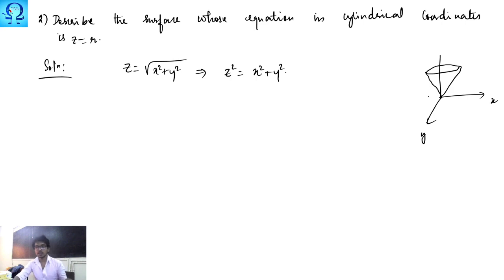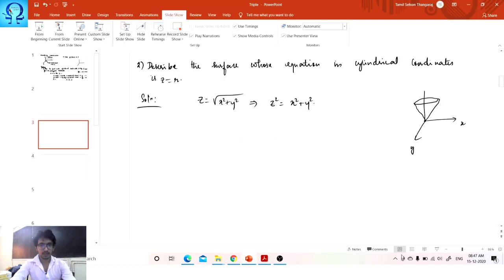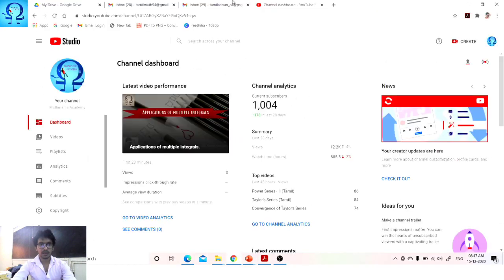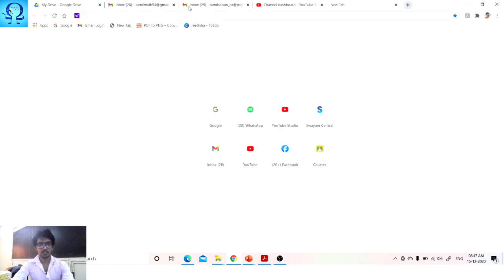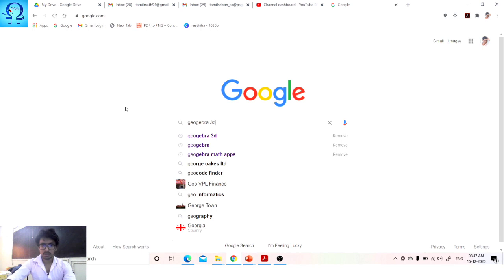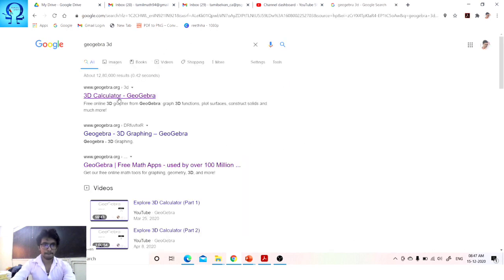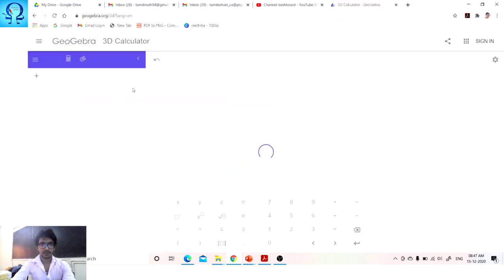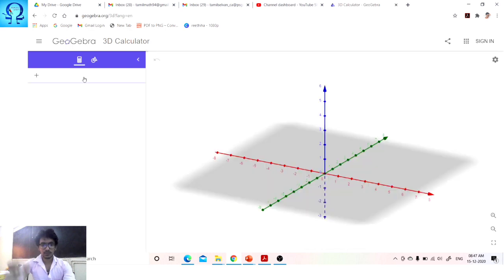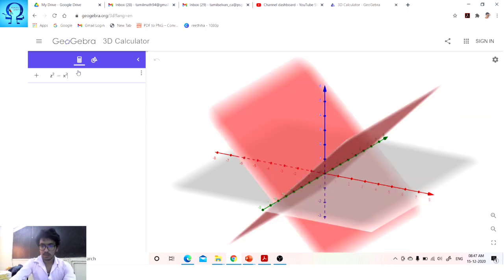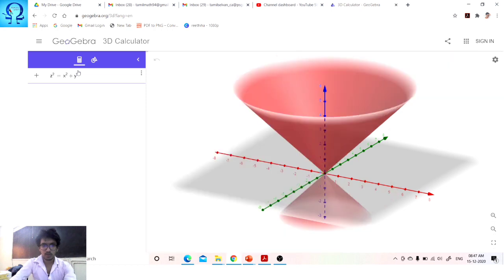Okay, let us see that one graphically using the tool that we always talk about, that is the GeoGebra tool. So just a minute, I have not done it. So what was the thing? z square equals x square plus y square.